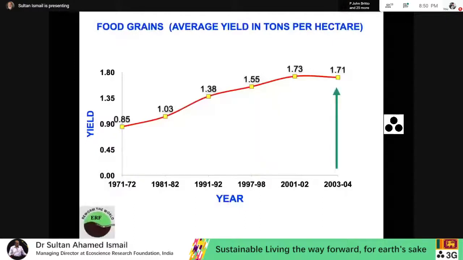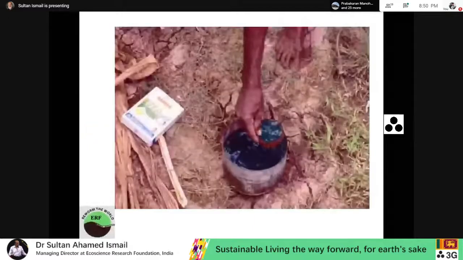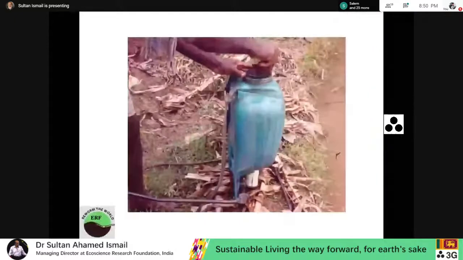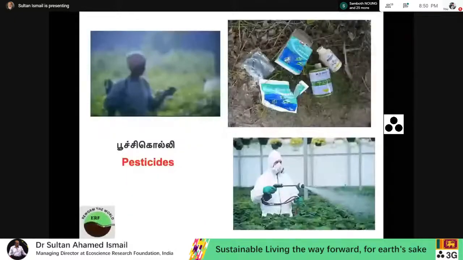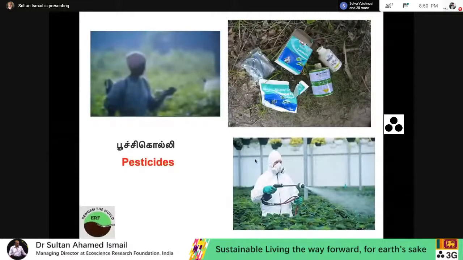This is how farmers take pesticide. And this is how they mix it up. And this is how they spray. The industry that manufactures pesticides says, put on this mask. We all know that during this period of corona, even the so-called cloth mask, we are not able to wear the whole day.